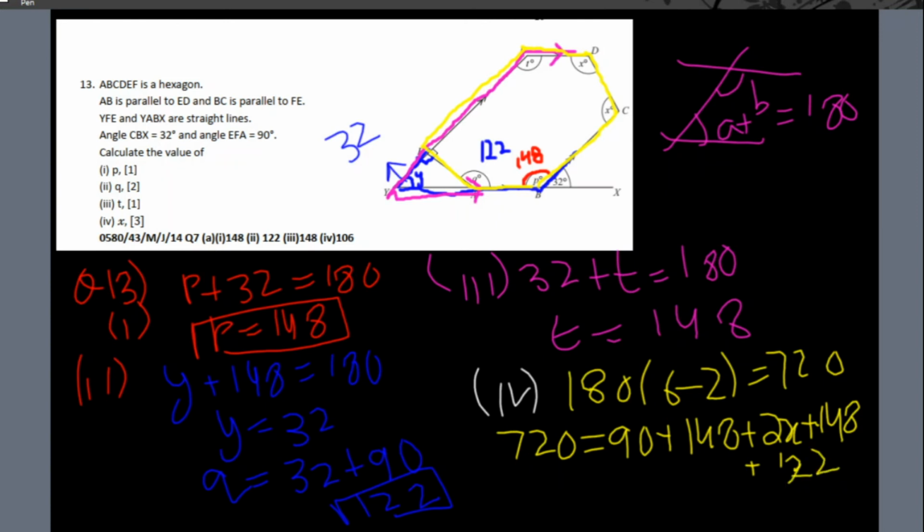Now simply apply algebra, move all the constants to the other side. 720 minus 90 minus 148 minus 148 minus 122 equals 180, and 180 divided by 2 is 90, which is not the answer, so I probably got something wrong.